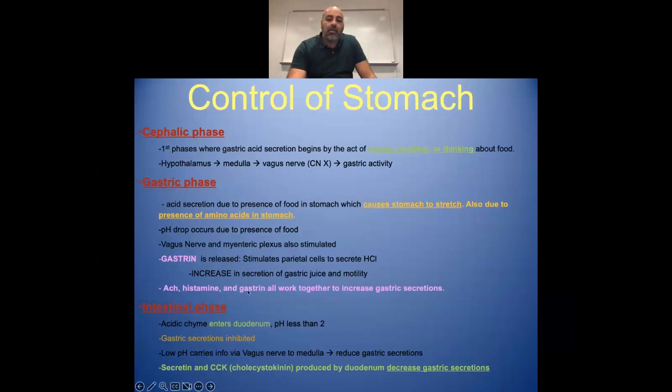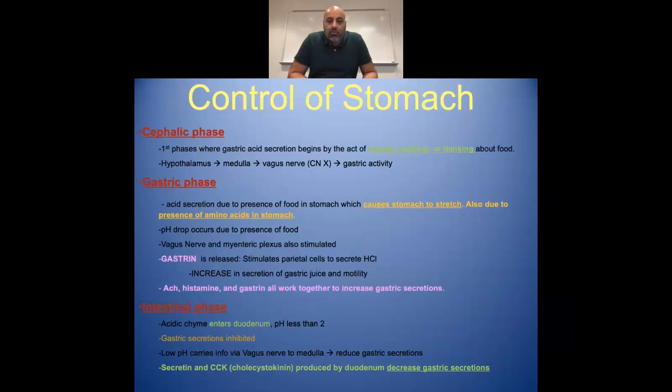We'll also see that these three guys work on the parietal cell. We mentioned histamine and acetylcholine. All of these work on the parietal cell to produce more HCl. So when you talk about medications to stop acid, that's where we work. We try and work on the parietal cell or block the histamine. So like the old school antihistamines were used for reflux.